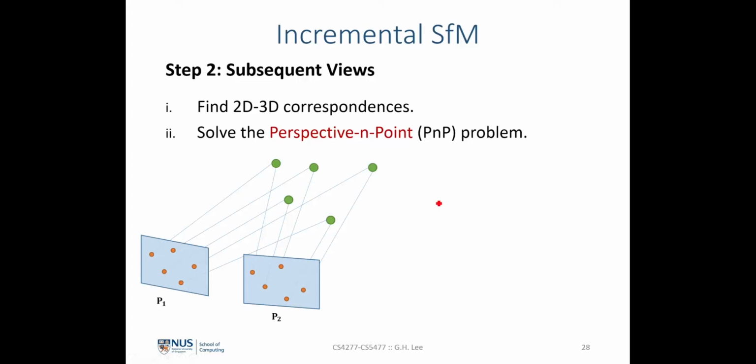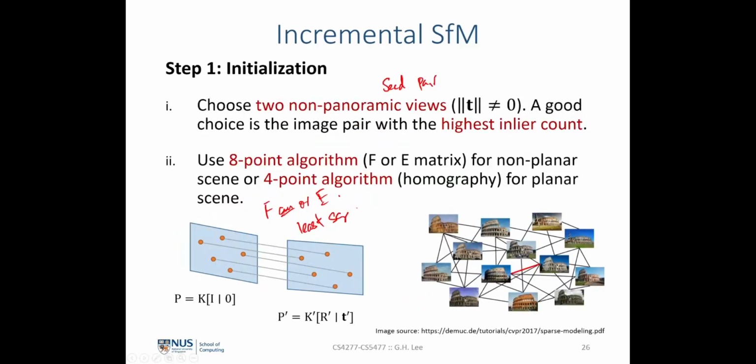An example here would be we start off with P1, P2, and then we reconstruct all these 3D points with the seed views of P1, P2, and we'll do image correspondences for P3, which is linked to P2 in the scene graph. So for example, let's say I choose this as my seed view, and this is my P1 and this is my P2. I will choose from P2 all the other possible pairs from those that link to P2.